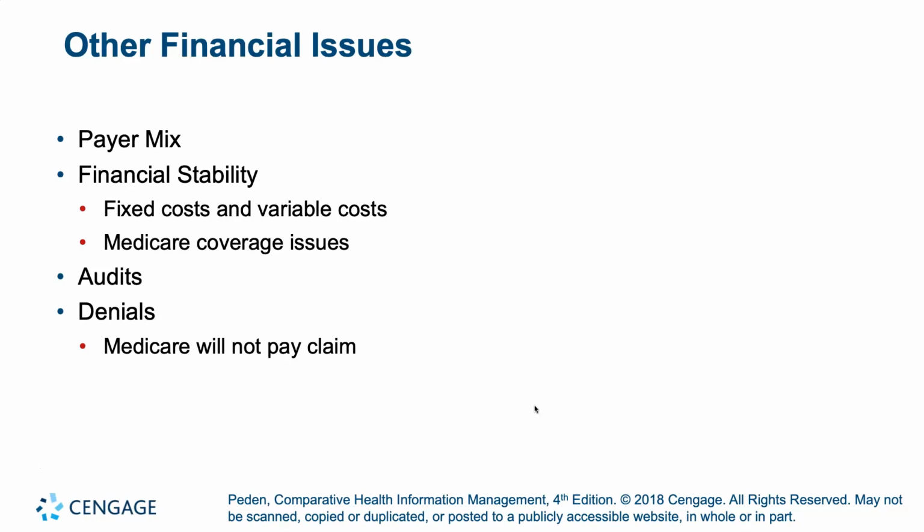You do not want to have more than 50% Medicare and more than about 30 or 40% Medicaid, and you want to keep the Medicare and Medicaid together below 70% when you add them together, not 90%, but 70%. Otherwise, you will not make any kind of profit or even break even on your payer mix.